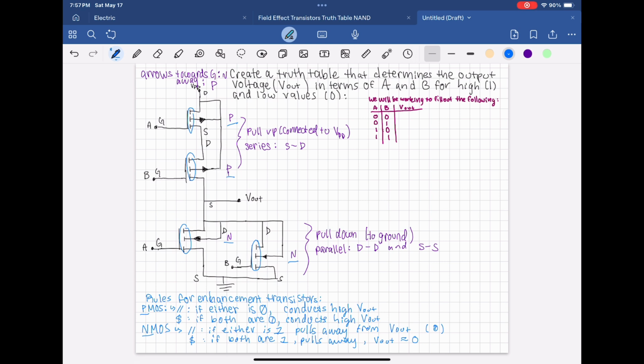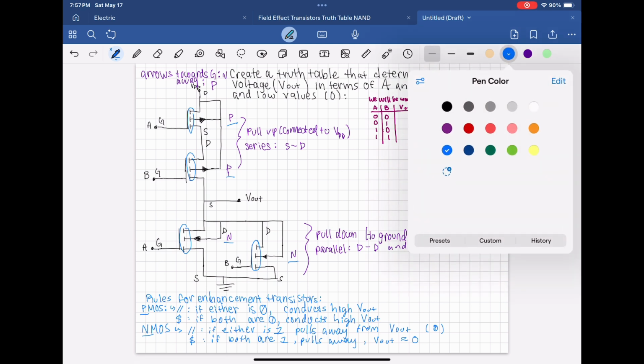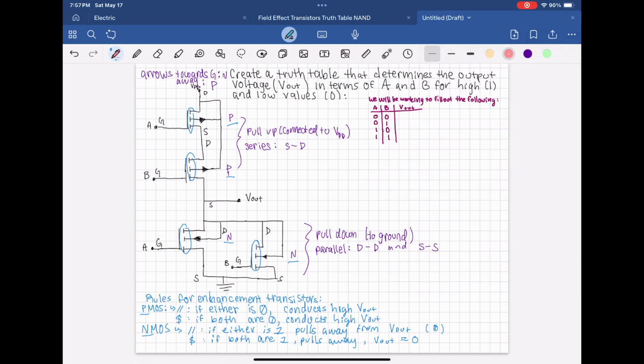Essentially, if either A or B is 1, Vout must be 0 for any of the cases that haven't already been addressed by the pull up. And then if they are in series, which is not our case, but just to keep in mind for further problems, if both A and B are 1, then you can assume Vout is 0. So that would be an AND behavior. Both A and B equal 1.